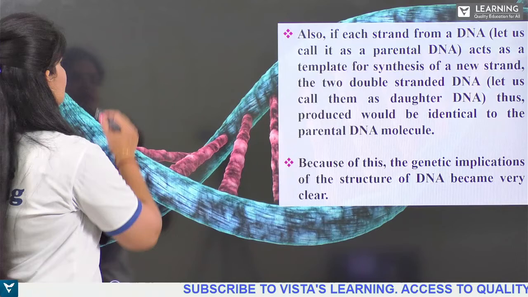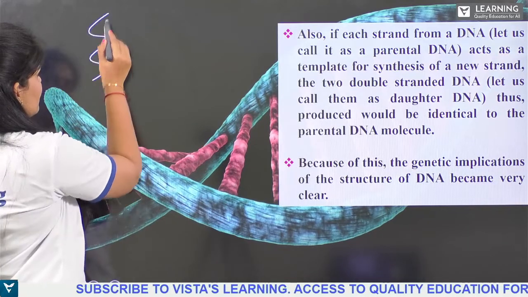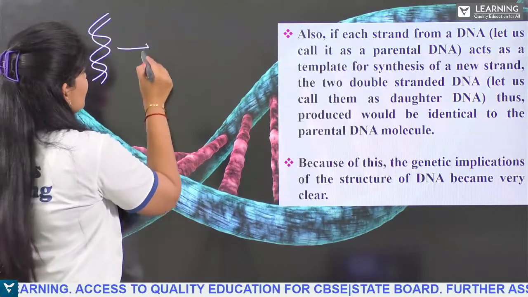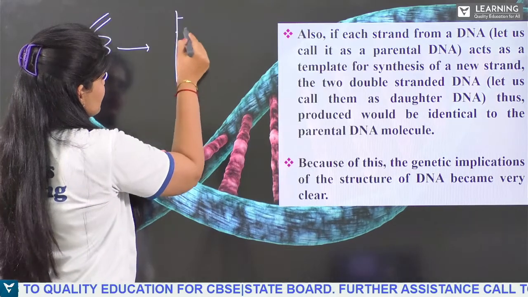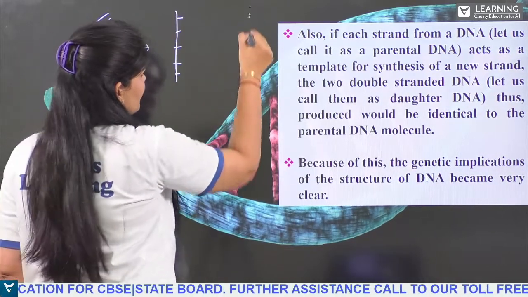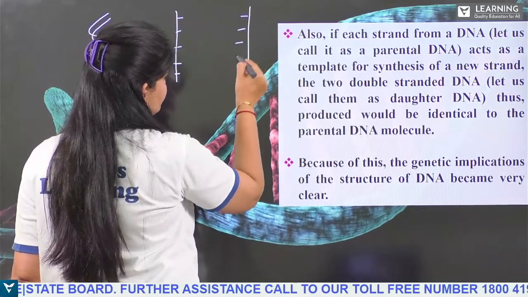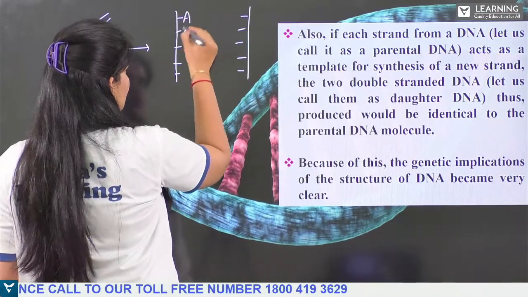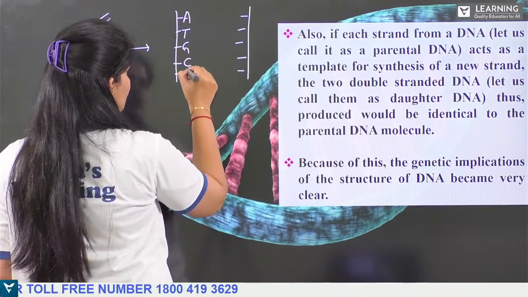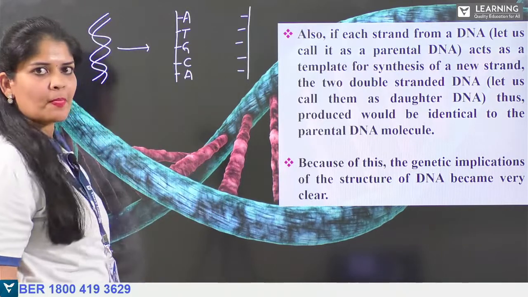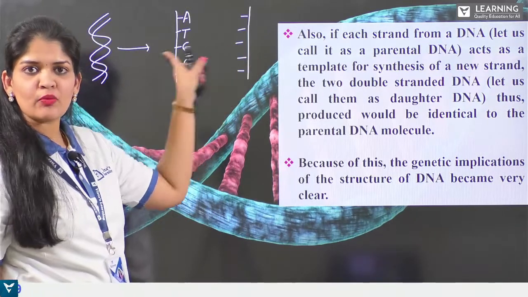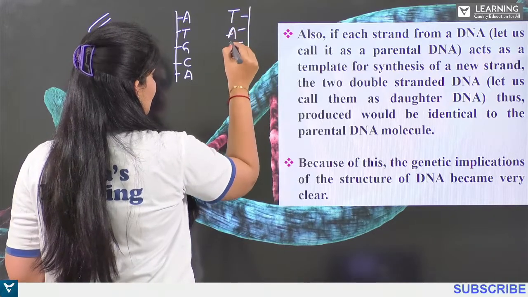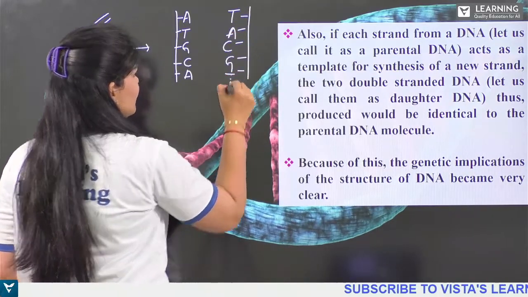See, double-stranded DNA separates to single-stranded DNA. Right? Say for example, as the other strand will have the complementary sequence to this strand, then the base pairing will be like T, A, C, G, T.